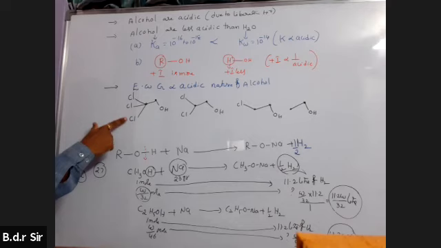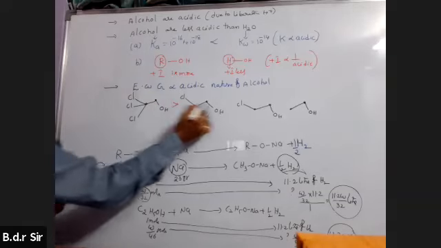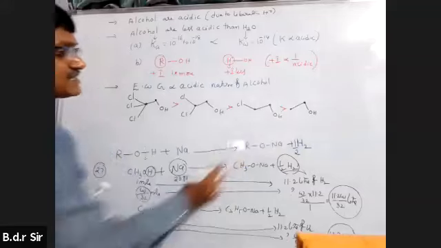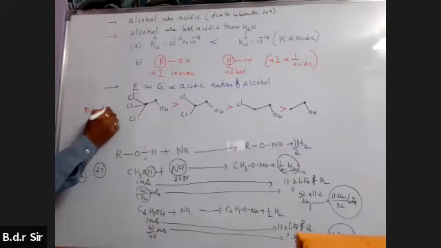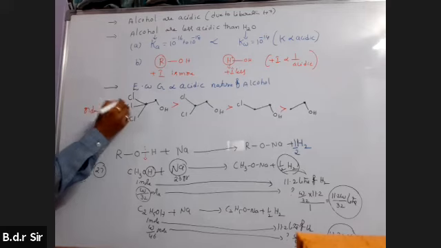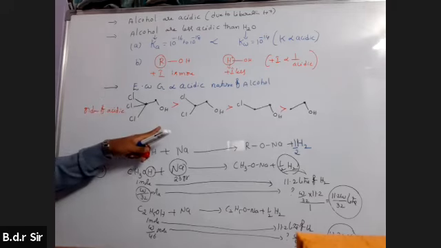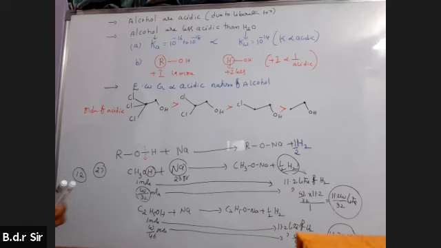As the number of electron withdrawing groups increases, the acidic nature increases. So this is the order of acidic nature. This model is given in the NTA, National Testing Agency.